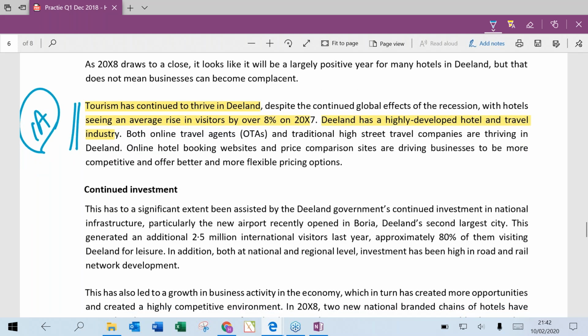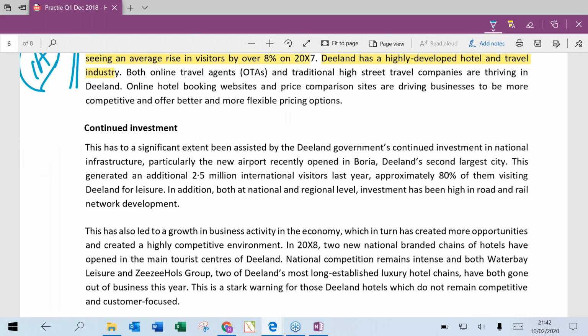This has, to a significant extent, been assisted by the D-Land government's continued investment in national infrastructure, particularly the new airport recently opened in Boria, D-Land's second largest city. So, D-Land's government is continually investing in infrastructure, opening a new airport in Boria. This generated an additional 2.5 million international visitors last year, approximately 80% of them visiting for leisure.